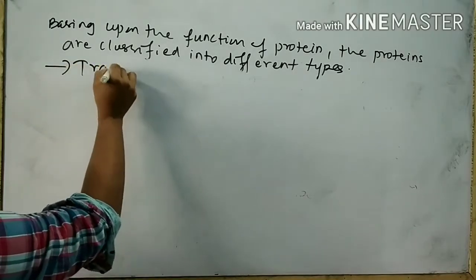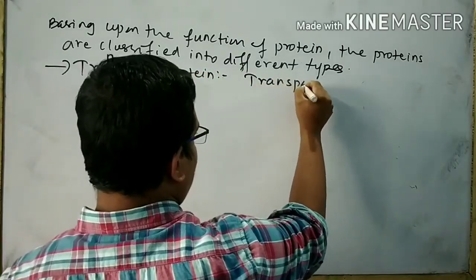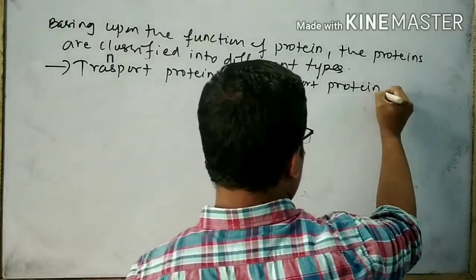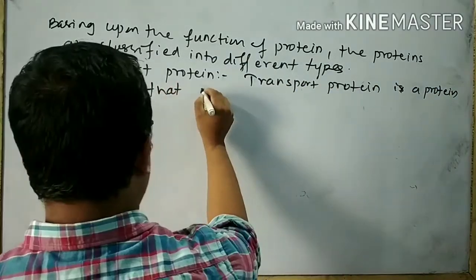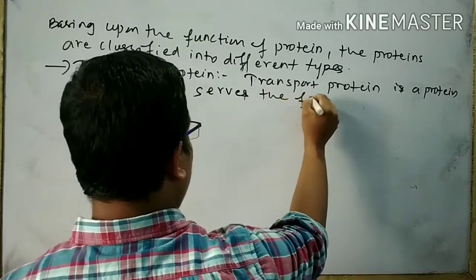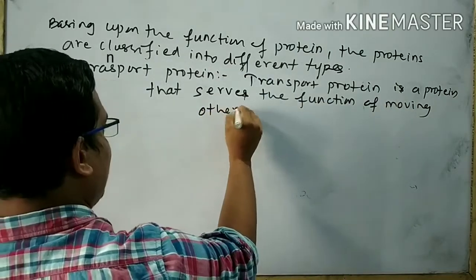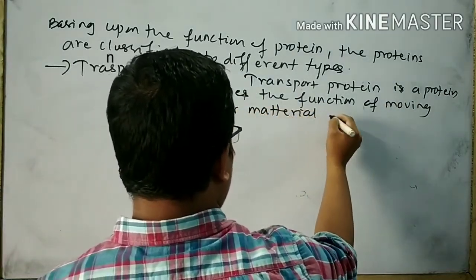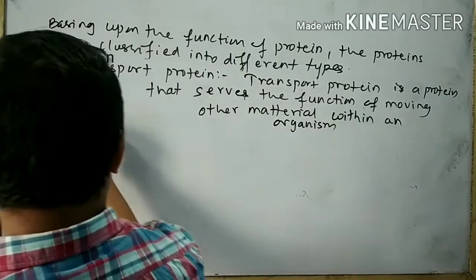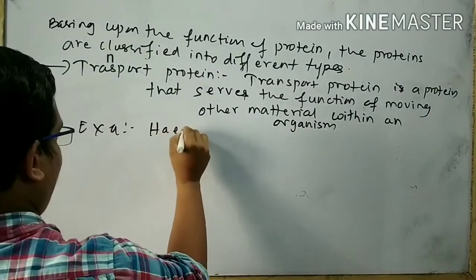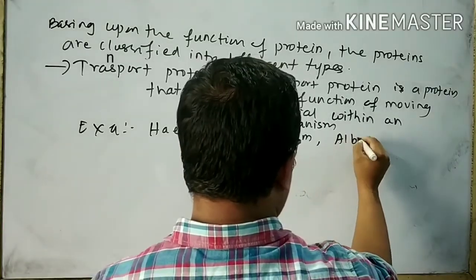Next is transport protein. Transport protein is a protein that serves the function of moving other material within an organism. Examples are hemoglobin, serum albumin.